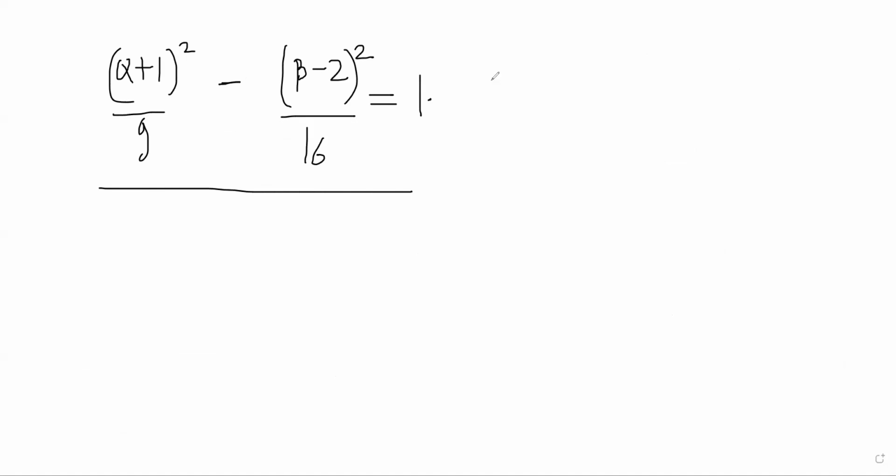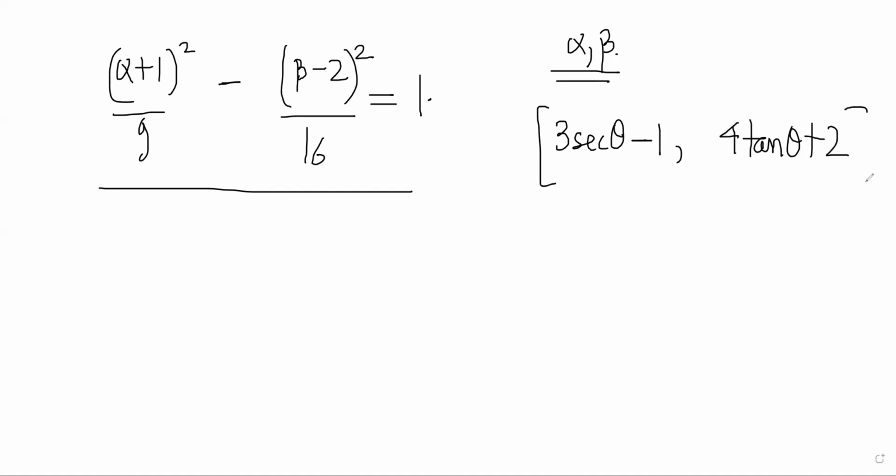Another way to do that would be to write, instead of taking alpha beta as the points, we can take 3 sec theta minus 1 and 4 tan theta plus 2. These are the coordinates of a random point on the hyperbola, right? P. And we have already found our foci S1 and S2, right?